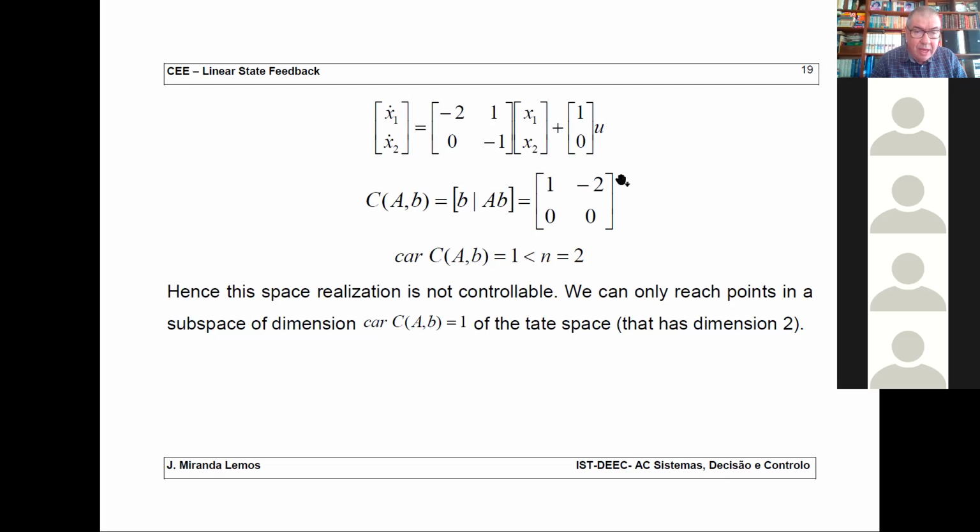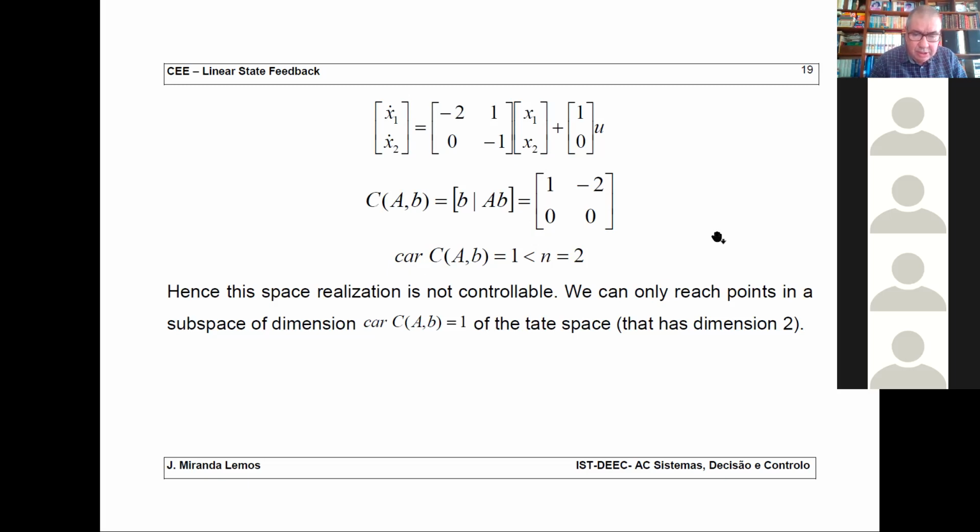And clearly these two vectors have just one dimension, so the rank here is just one. I used here the Portuguese symbol car because rank in Portuguese is característica, but I should have used rank in English.